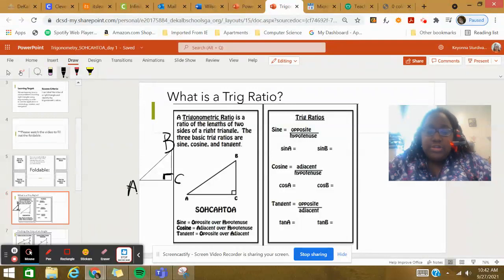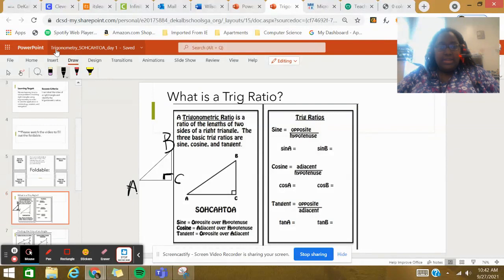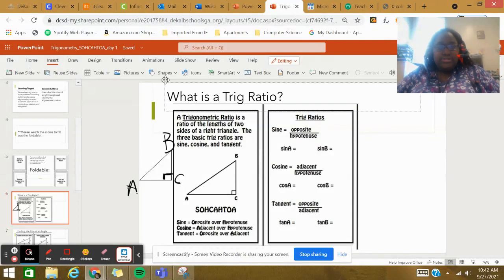So the one thing that you will notice on these problems is they didn't give us an angle mark. And that is the very first thing we're going to do. We're going to label the angles. So I'm actually going to put that on here somewhere, and you guys can write this on the back of your foldable. But here's the steps.